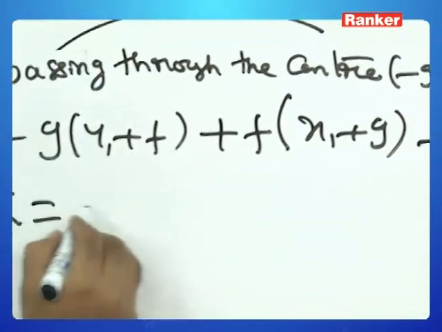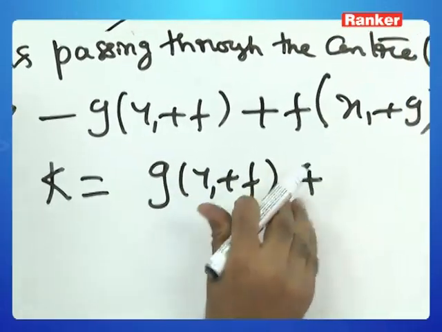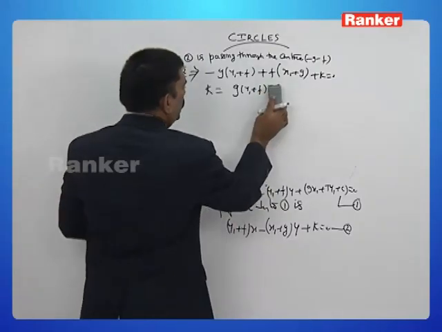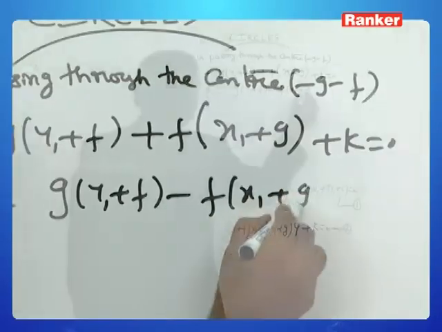Therefore k is equal to g into y1 plus f minus f into x1 plus g.